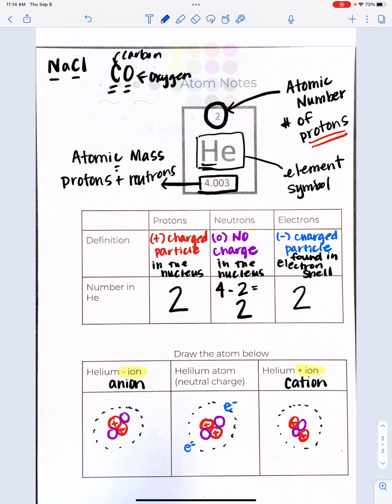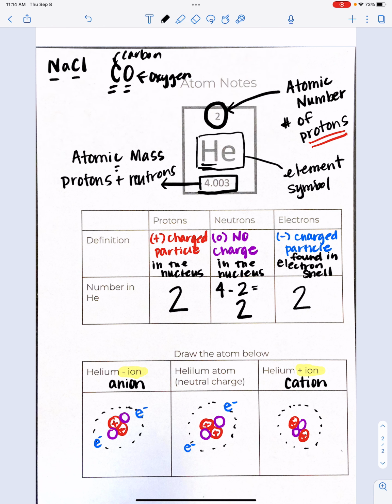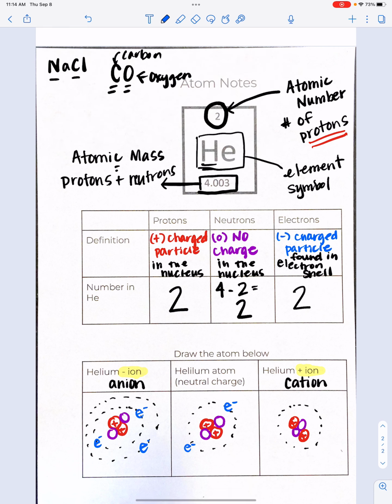So to make it more negative, you need more electrons than protons. So I'm going to put an electron here and an electron here. And then if you remember from the lab activity, hopefully you caught this, only 2 can go in that inner shell. And so we have to make another circle and we would add an electron here.